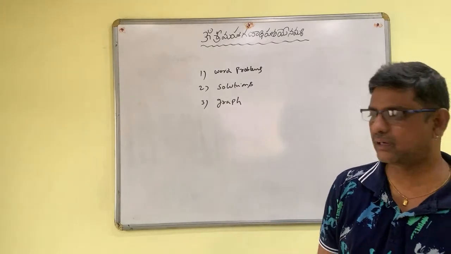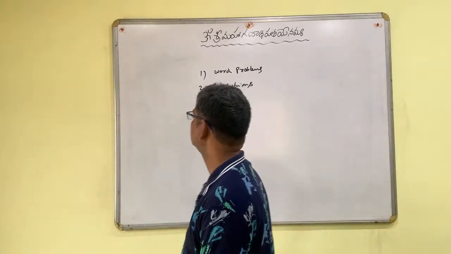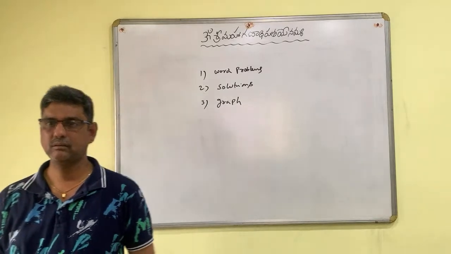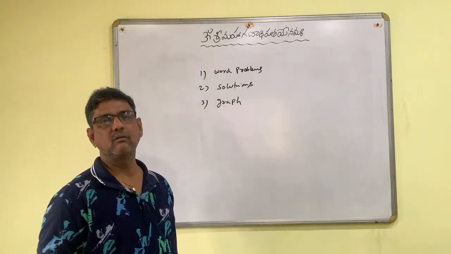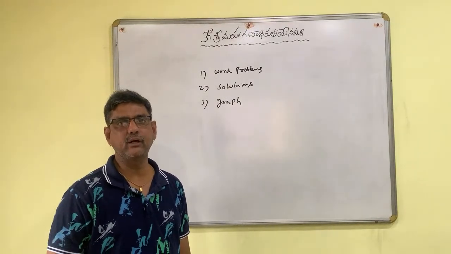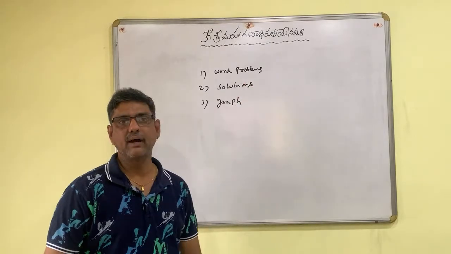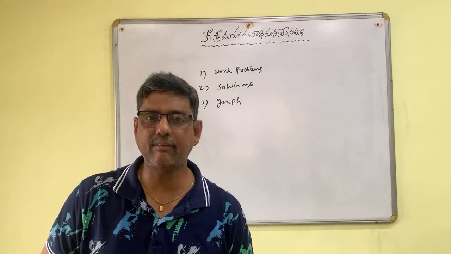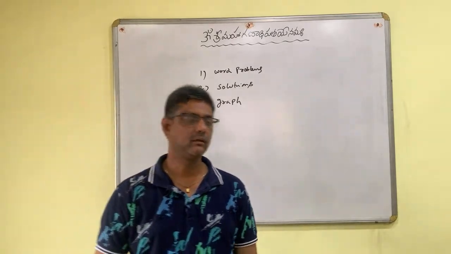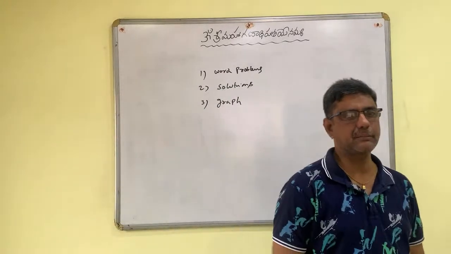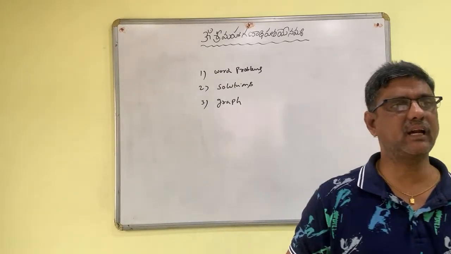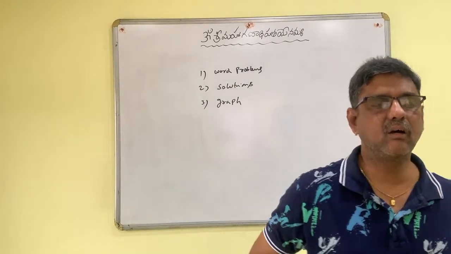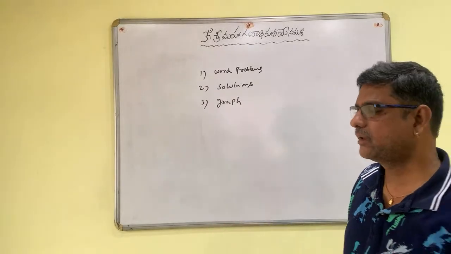That is also what we learned in class 9. Converting word problems into linear equations in two variables, finding the solutions for the linear equation, then drawing the graph of the linear equation. These are the three main concepts we have learned in class 9. Okay? Right. One more question.